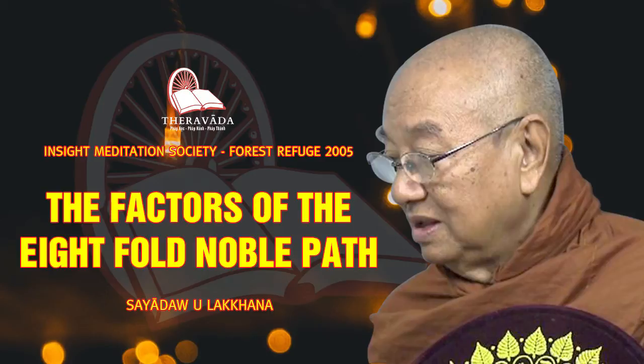So in accord with the order that the Buddha discussed them in, we would start with samma ditthi, right view, right understanding, followed by samma sankappa, right aim, samma vaca, right speech, samma kammanta, right action, samma ajiva, right livelihood, and then, of course, the factors of samma vayama, right effort, right energy, samma sati, right mindfulness, samma samadhi, right concentration.